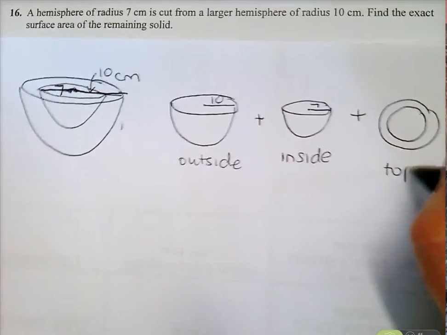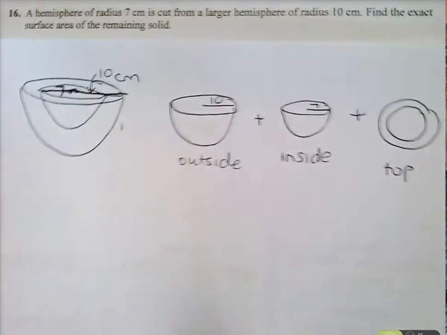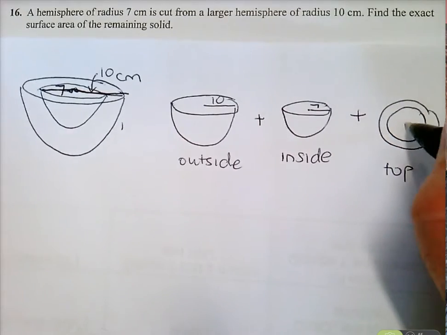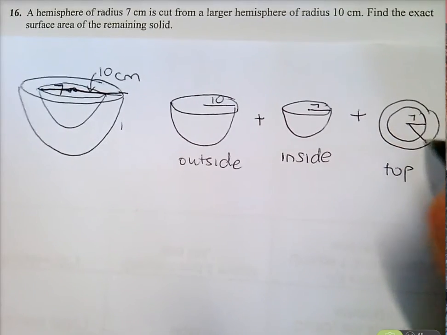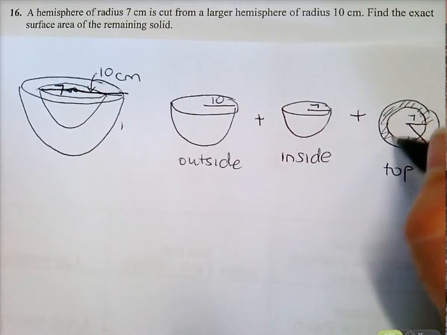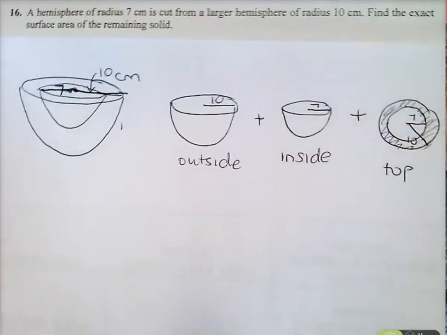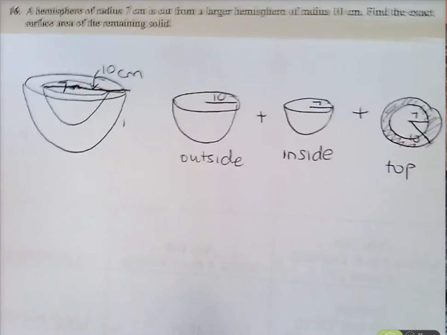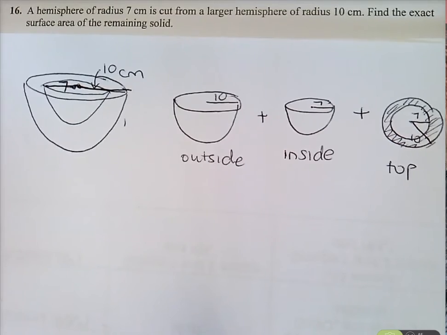This is the top view of the bowl, looking down at the bowl. You'll see the rim of the bowl. That's the rim, and what you'll see is the shaded bit. So you've got 3 basic surface areas that you've got to work out and add together. 3 areas. So, do you know what to do?